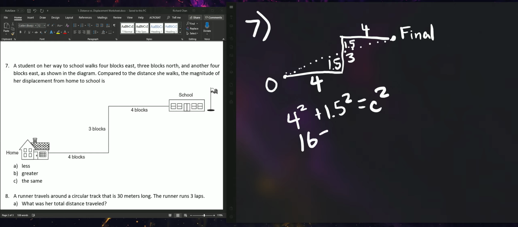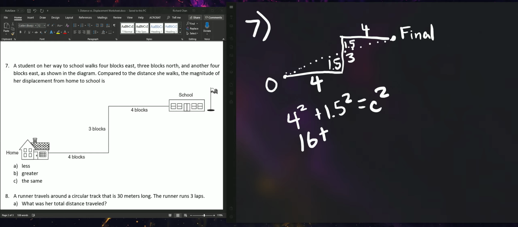So 16 plus 1.5 squared. Let's actually use a calculator.